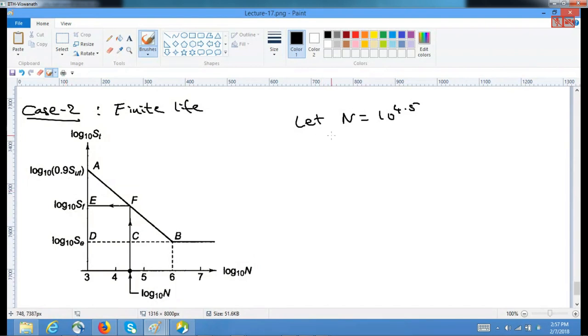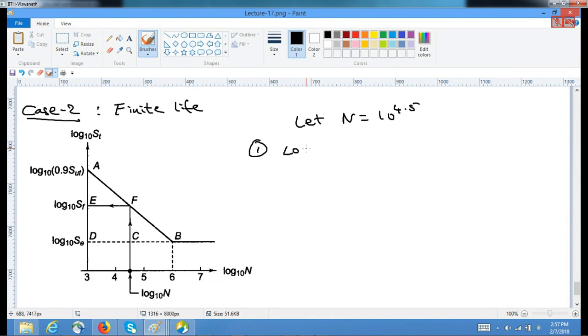Or you can construct it fully, but we know that at the boundary of the higher and lower limit, this would be around 0.9 SUT. So locate a point.